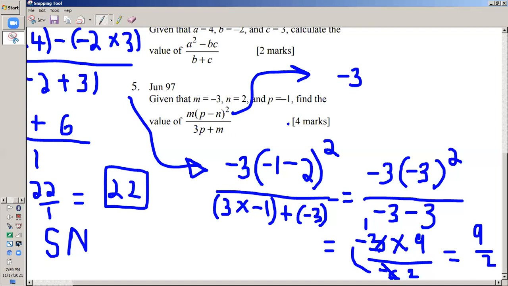So you have -3 multiplied by -1, minus n squared, which is 2 times 2. So much for n squared. What about the bracket?